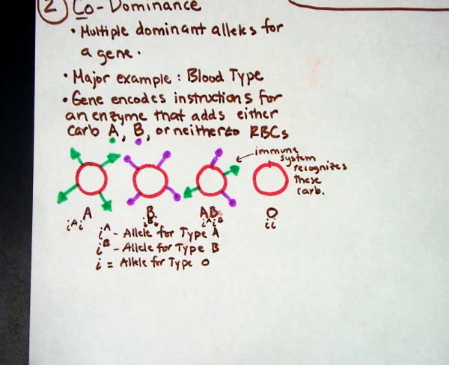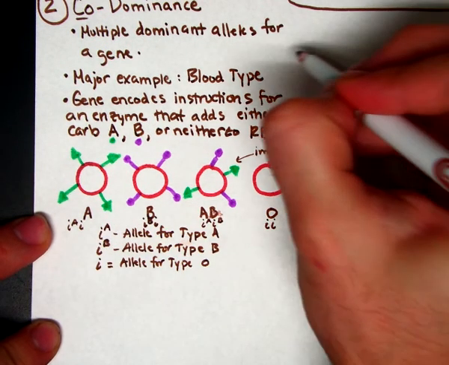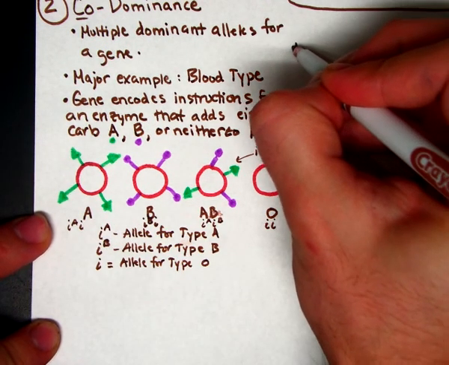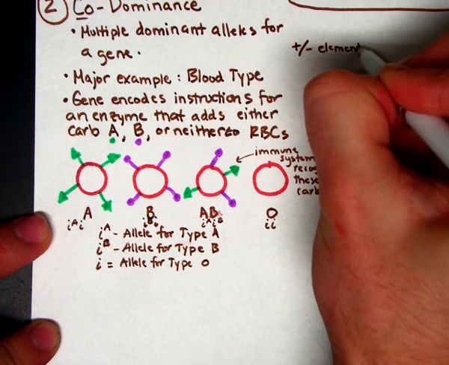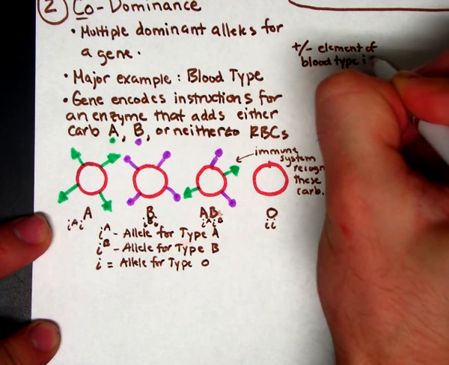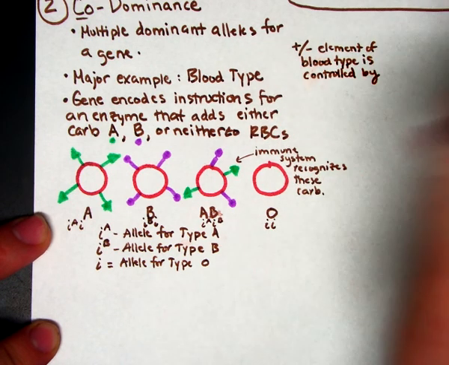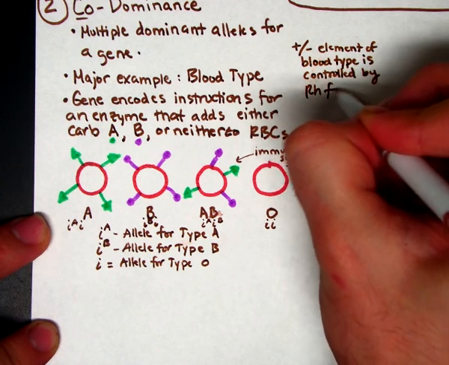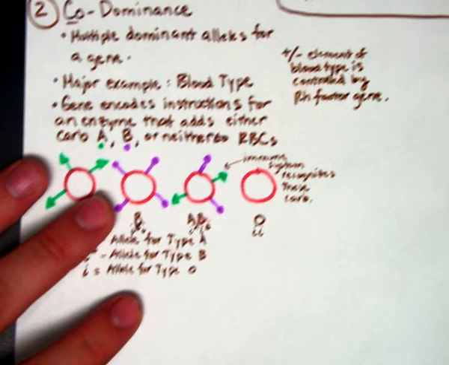Right. So you've probably heard there's also AB positive, A negative, A positive. Just make a note to yourself. The positive, negative element of blood type is controlled by a different gene called the Rh factor gene, or the Rhesus factor gene.